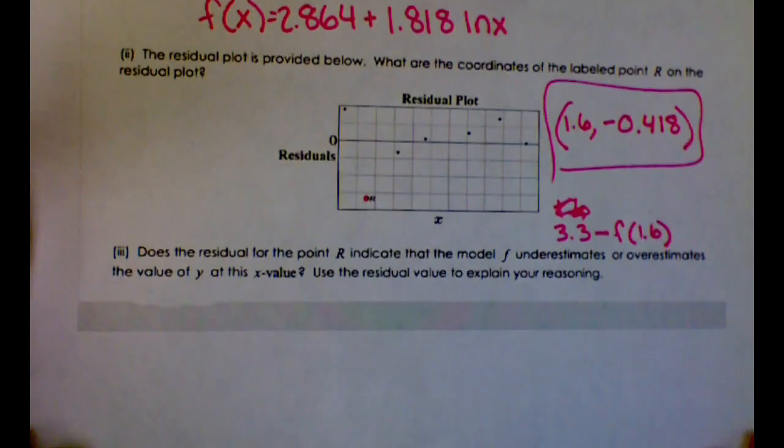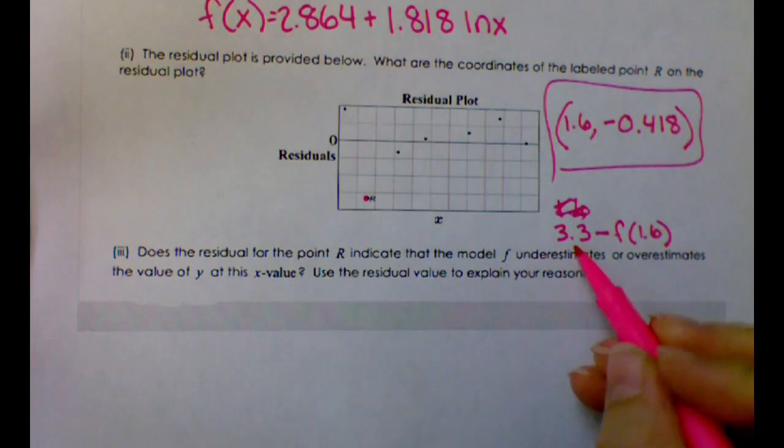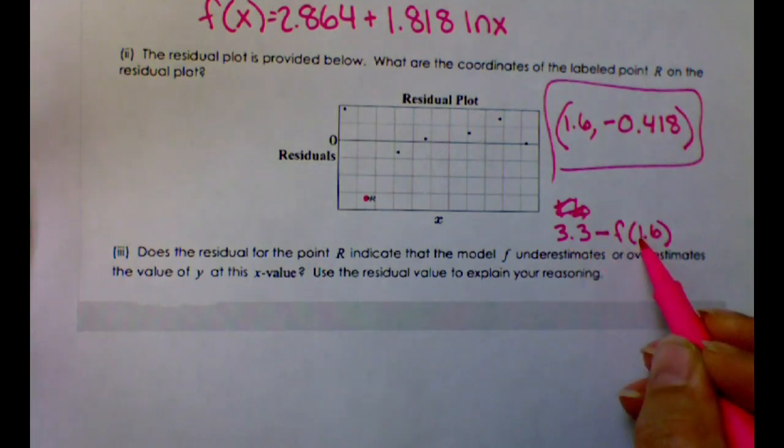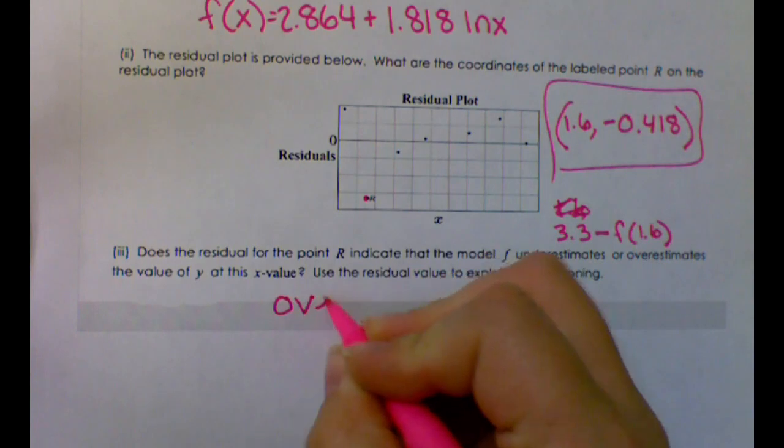Does the residual for the point R indicate that the model underestimates or overestimates the value of y at this value? Well, since it's negative, actual minus estimate is negative, so the estimate was bigger, so we overestimated.